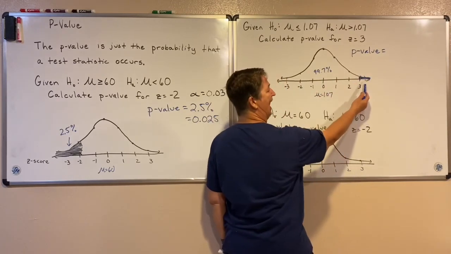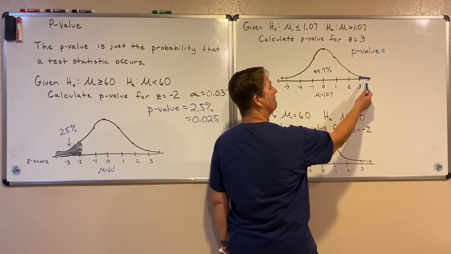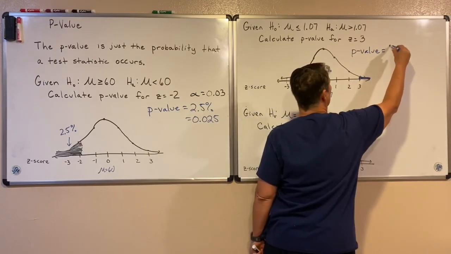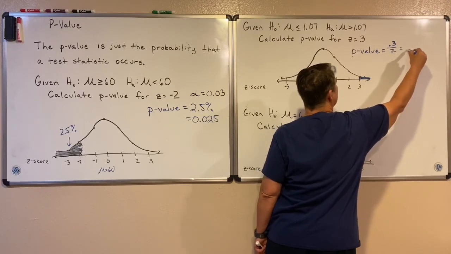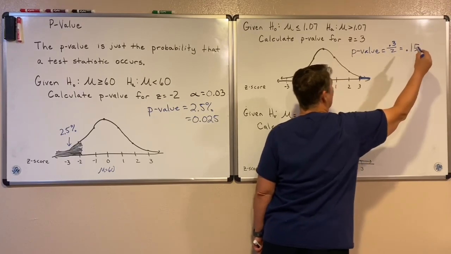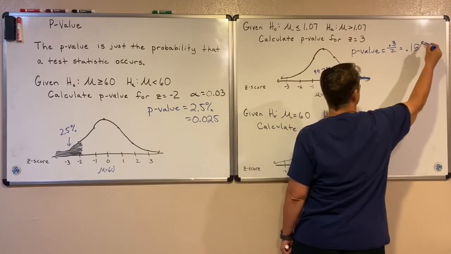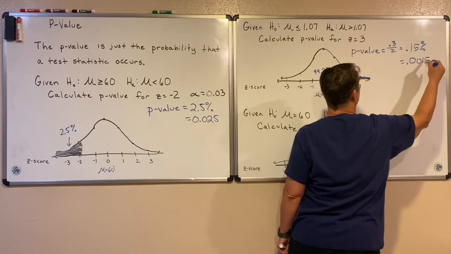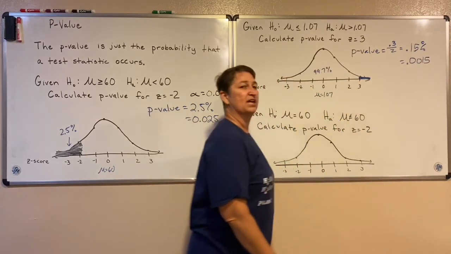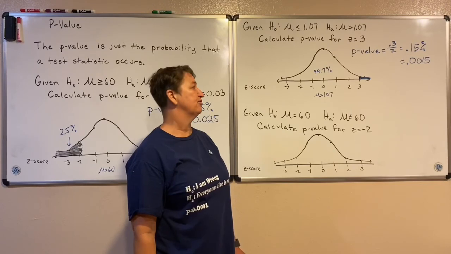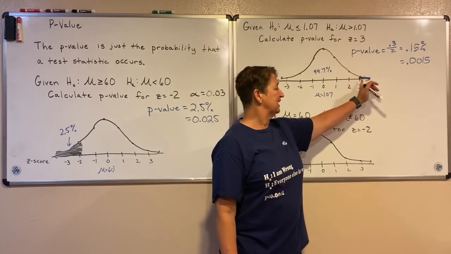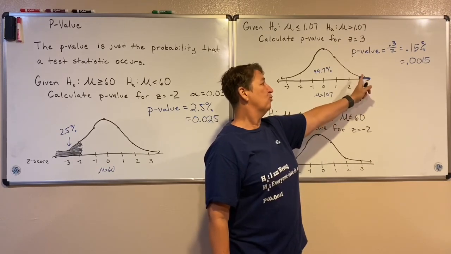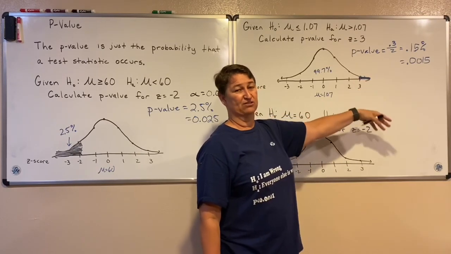Split that in half, and 0.3 split in half is 0.15%, or 0.0015. 0.15% and 0.0015 are the same thing. So the probability that I get something that far out is teeny tiny. It's just 0.15% of the time that that's going to happen.